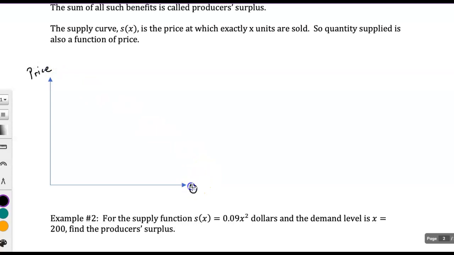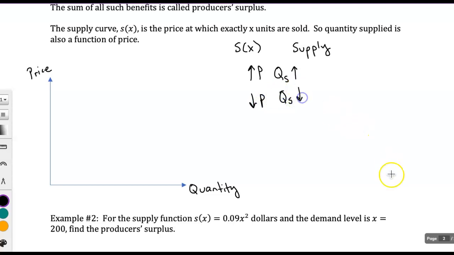So here's price and here's quantity, and we're going to look at the supply curve. Now, the supply curve is going to be upward sloping because as price increases, quantity supplied is going to increase. Because if I'm going to make more money on it, I'm going to start churning out whatever I'm trying to sell. If the price decreases, it might not be worth it for me to produce as much as I was at a higher price.